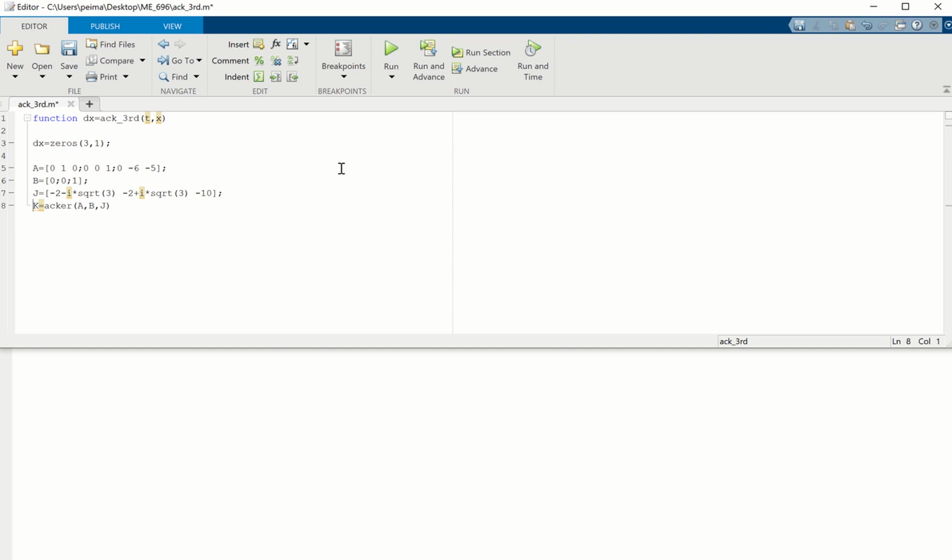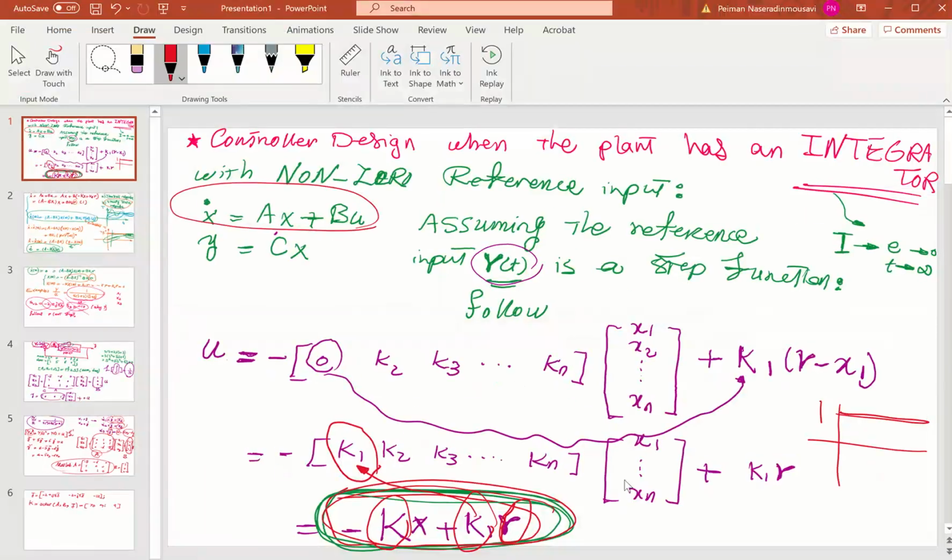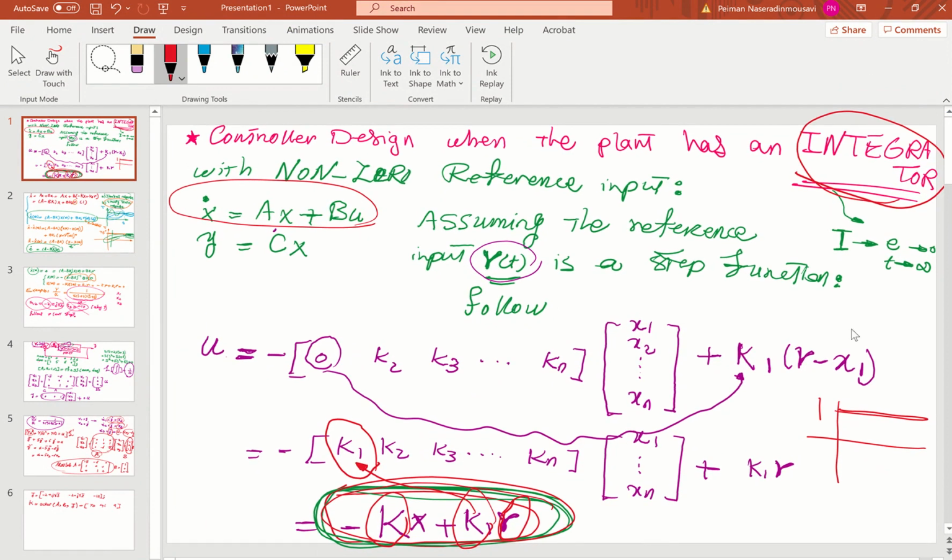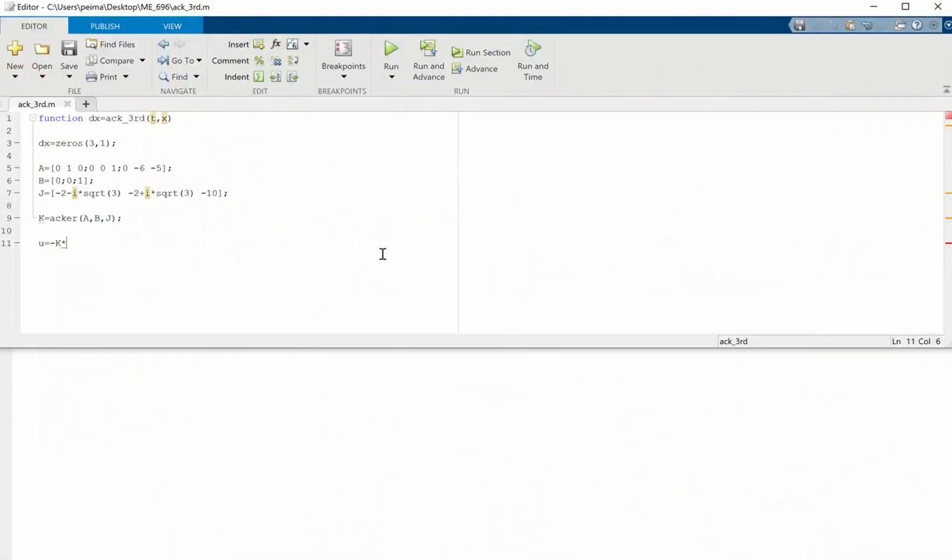Then I have a, b, j, and the k. I'm just putting a space here. Please type with me and try it, okay? Now I say u is minus k, as I taught you today, because the system has an integrator. Again, the system has an integrator, guys.